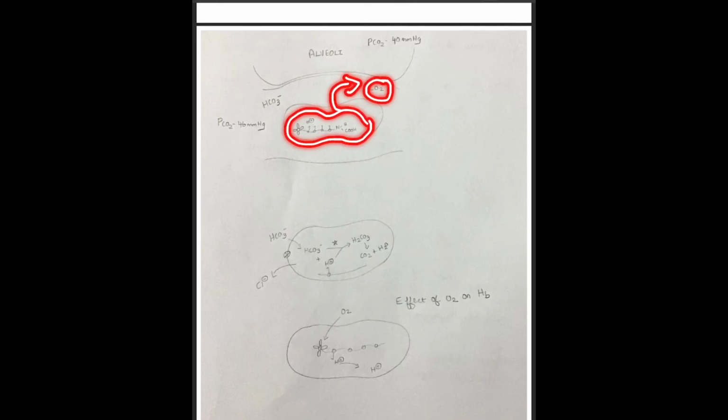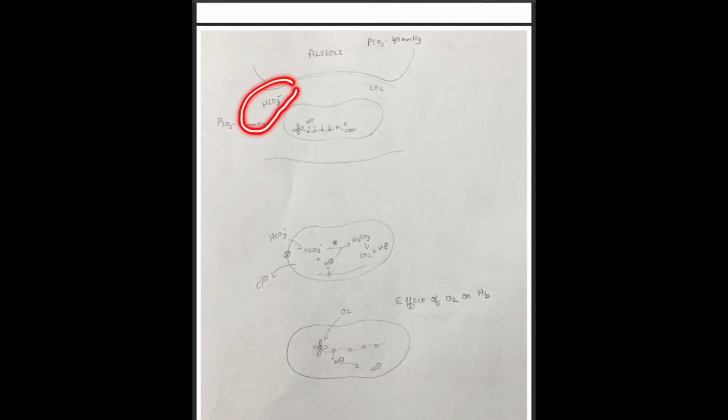What happens if the carbon dioxide shifts outside into the blood plasma? The carbon dioxide level in RBC becomes low. Now where will the RBC get the carbon dioxide? We have discussed already that 90% of carbon dioxide is in bicarbonate form.